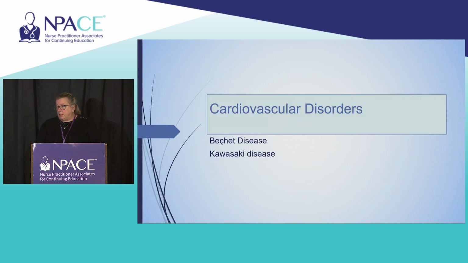So we'll look at a couple of cardiovascular disorders. I did not include the most common cardiovascular sign in the skin, and I was probably remiss because someone asked me to address it. So of course the most common sign of cardiovascular disorder in the skin is when we see stasis dermatitis.